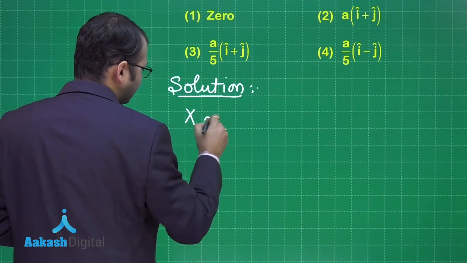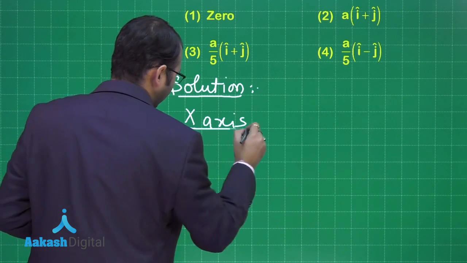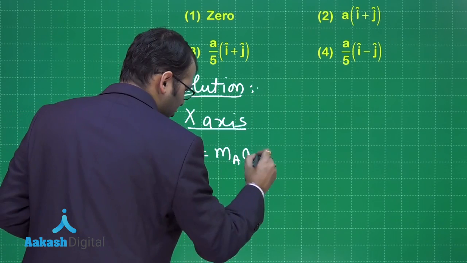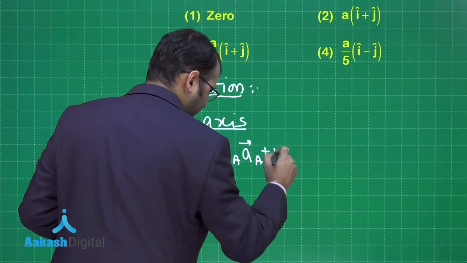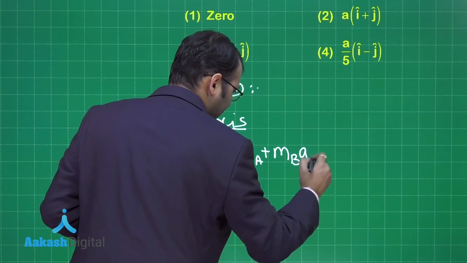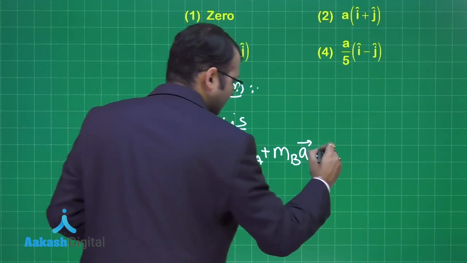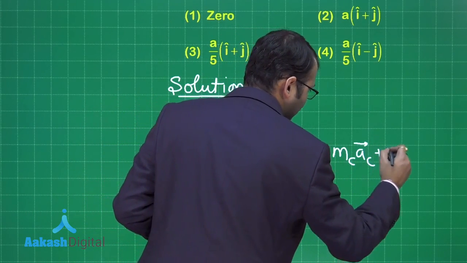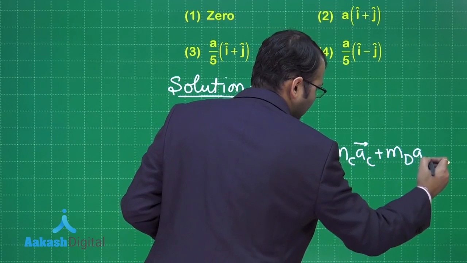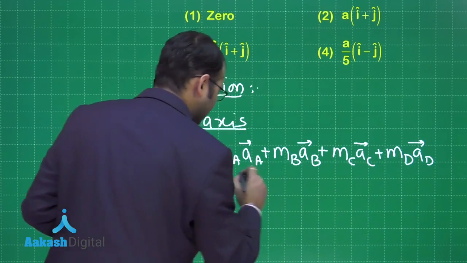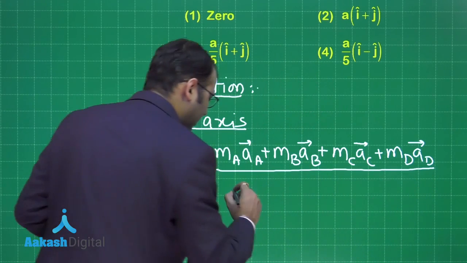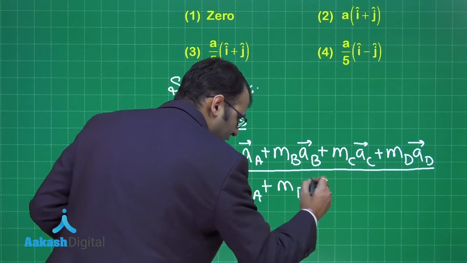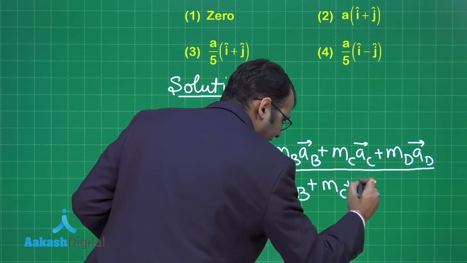So along the x-axis, the acceleration of center of mass would be ma into acceleration of A along x-axis, plus mb into acceleration of B along x-axis, plus mc into acceleration of C along x-axis, plus md into acceleration of D along x-axis, and this whole should be divided by the total mass of the system, that is ma plus mb plus mc plus md.